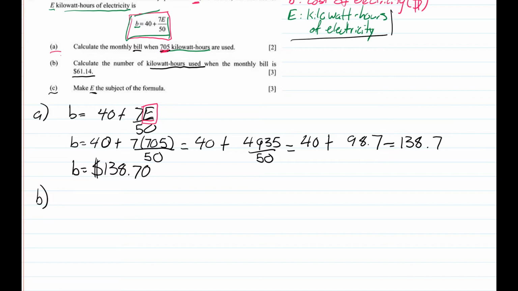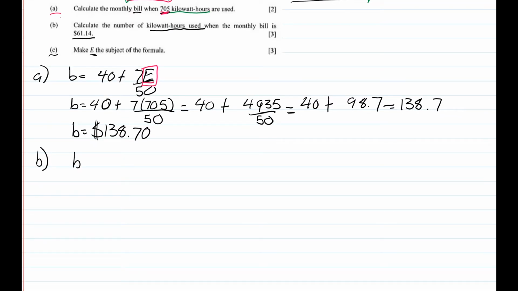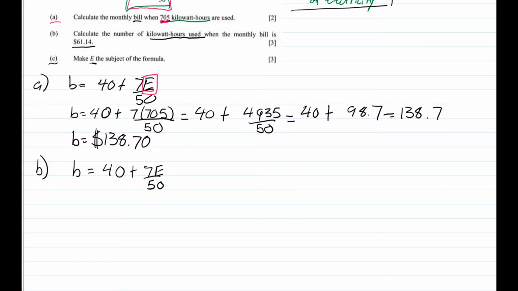So here they want us to calculate the number of kilowatt hours used, and kilowatt hours, like we said up here, is E, right? Let me start writing this so y'all can understand. Here I have B is equal to 40 plus 7E over 50, and for this question we need to find E. I'm going to simplify the question and say, find E if B equals $61.14.